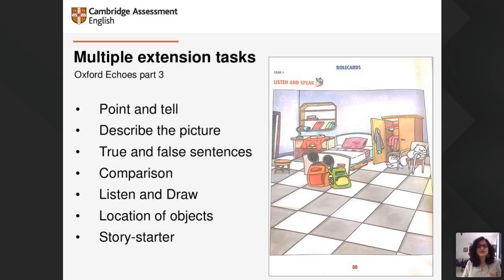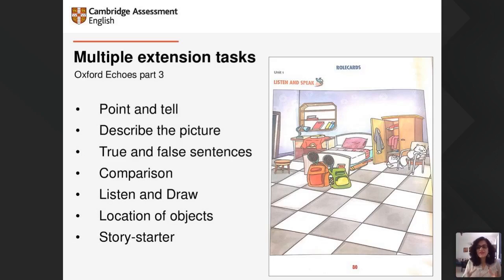Now, I'm going to give you some very simple, handy techniques which you can incorporate in your classroom. You can have these techniques as fillers, you can design them as extension tasks, as fun activities for your learners, and without even realizing, your learners will be prepared for both the exams.